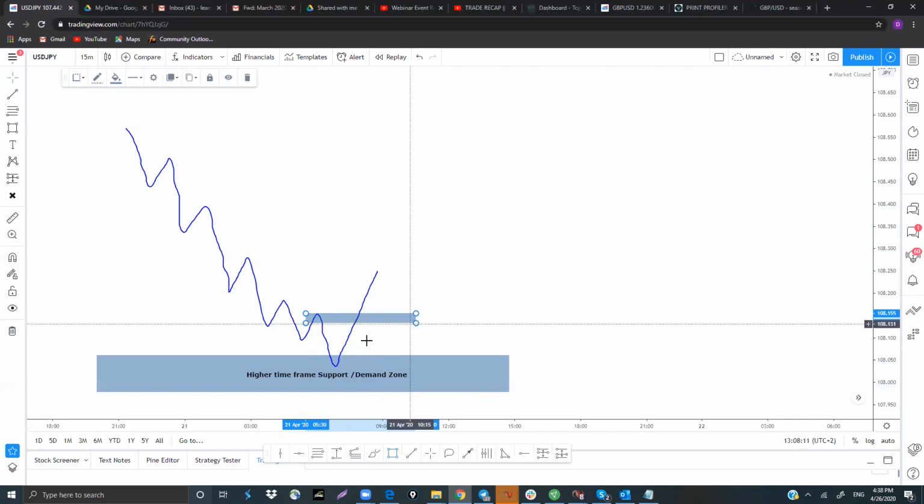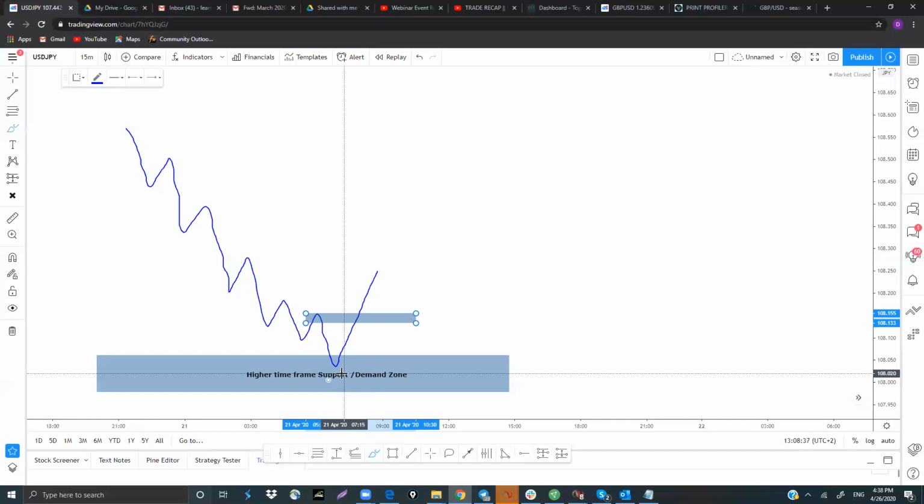When the market breaks a structure in a lower time frame, that's an extra confirmation that momentum is with us. We wanted to buy from this zone because of our higher time frame analysis, and now from the lower time frame also, I was waiting for some structure break.